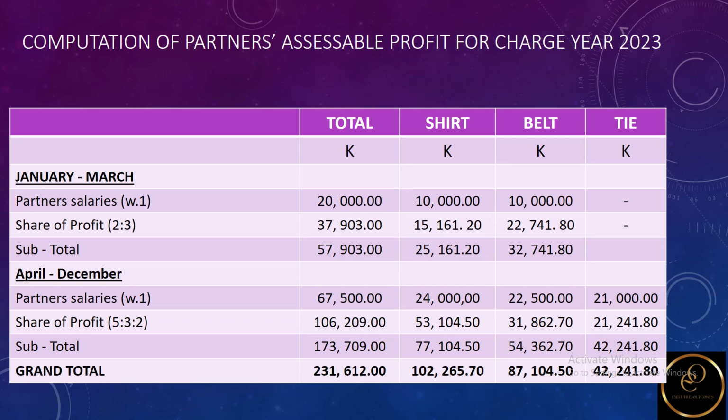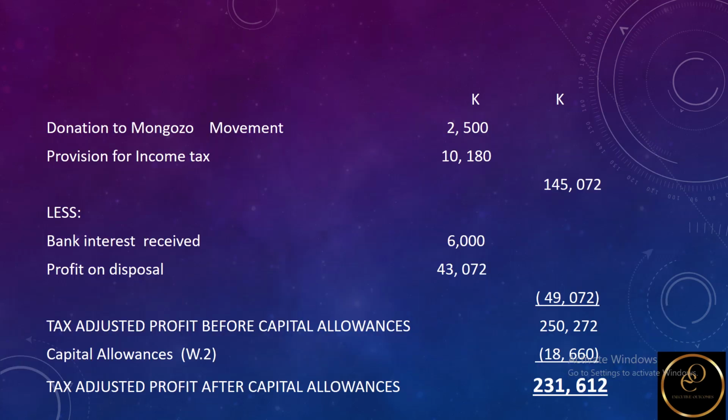There is one for 3 months, January to March, and the other one from April to December, which is 9 months. So meaning that the total tax-adjusted profit of 231,612 needs to be apportioned between the two notional periods.